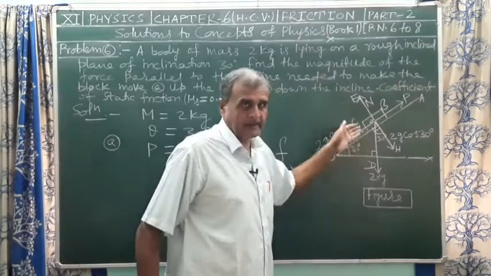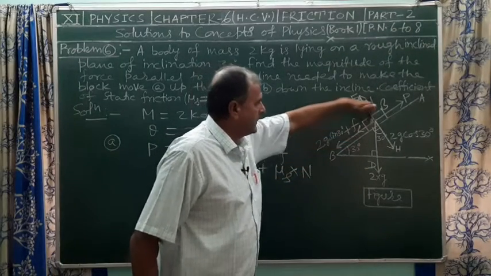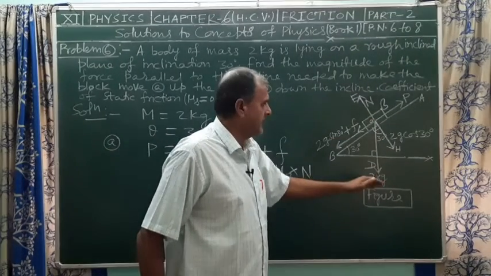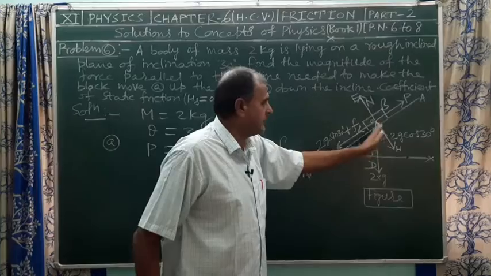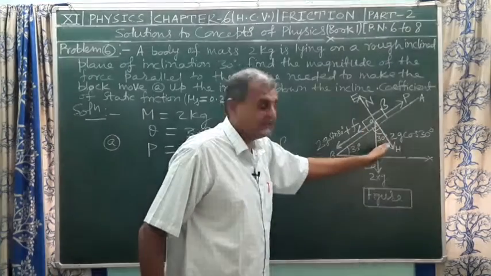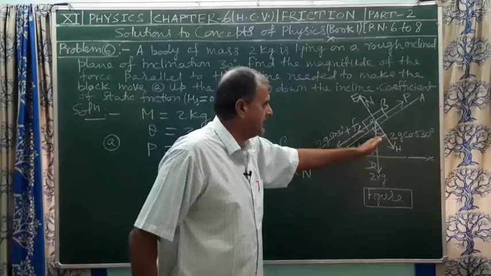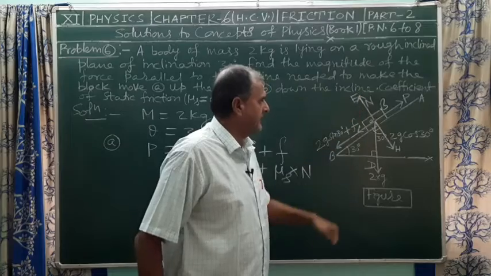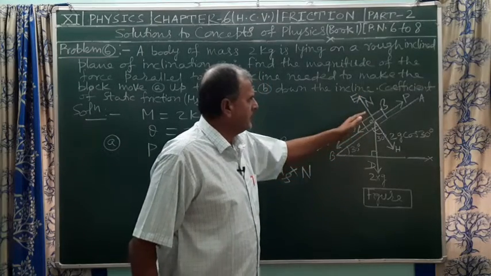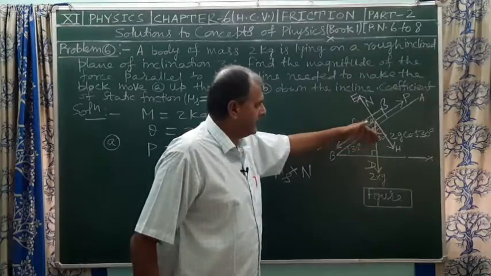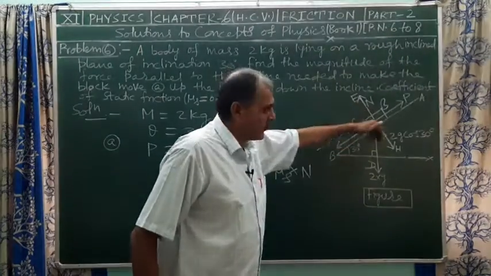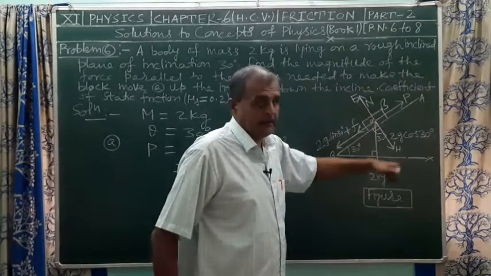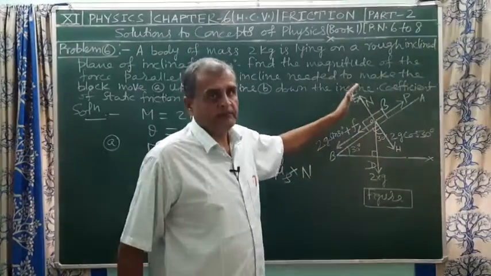The inclined plane is AB in the diagram, and the weight of the block, mg, that is 2 into g, acts vertically downward along the OD direction. The component of weight perpendicular to the plane, 2g cos 30, is balanced by the normal reaction n. So mu into n, where n is 2g cos 30. So the body is in vertical equilibrium.